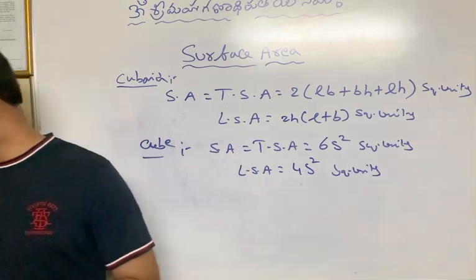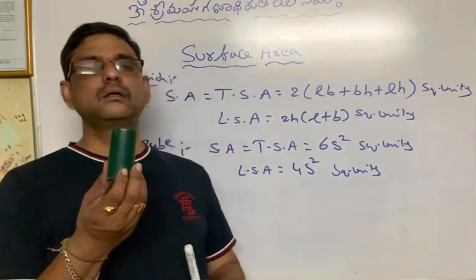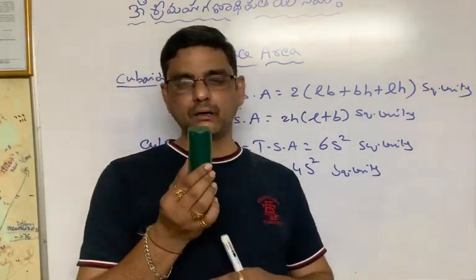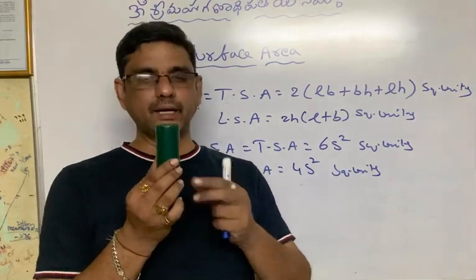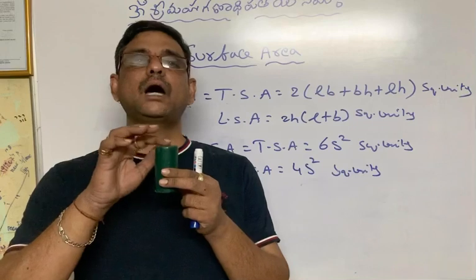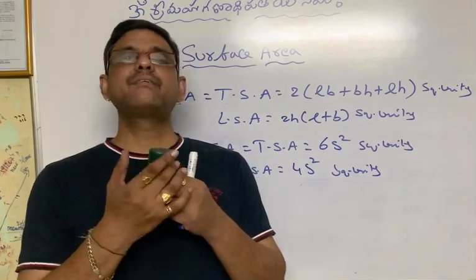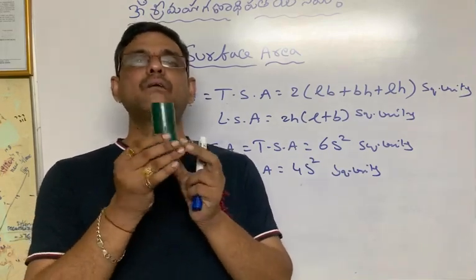Now, the third object, this one, is called a cylinder. A cylinder has a total of 3 faces only. What are those 3 faces? Top, bottom, and the remaining face, which is a curved face.